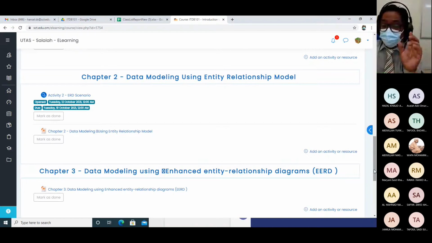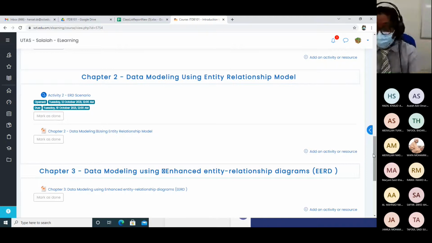And with an added E, it became now an enhanced entity relationship diagram. You will see the difference actually. The diagram, maybe there are small similarities, but it would be a different kind of approach. The analysis is pretty much the same, but you will be learning a few things as well so that you will know how to answer a certain scenario if I ask you to do it in EERD.